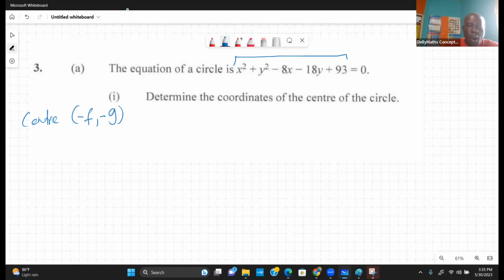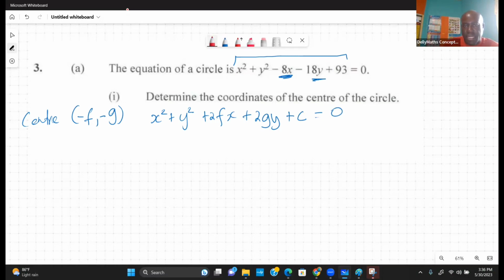The format we're looking at is x squared plus y squared plus 2fx plus 2gy plus c equals 0. In this form, we are able to pick up our f and our g. So let us take a closer look.